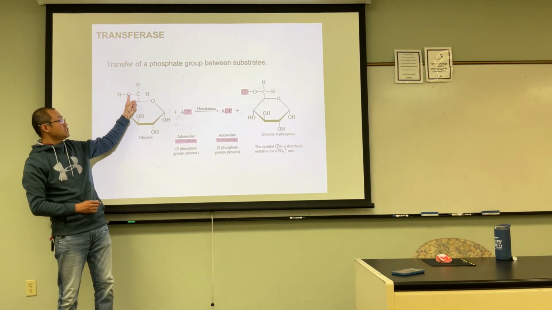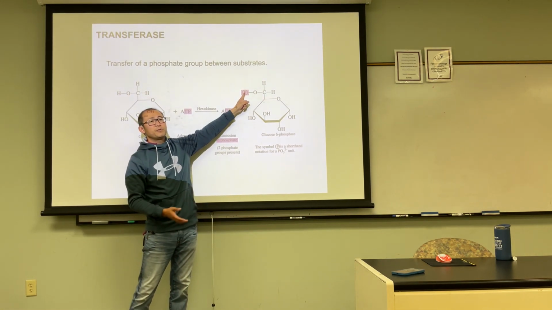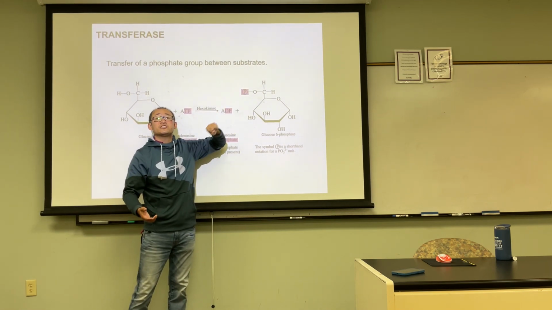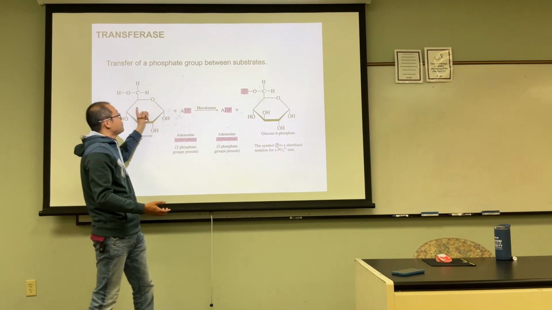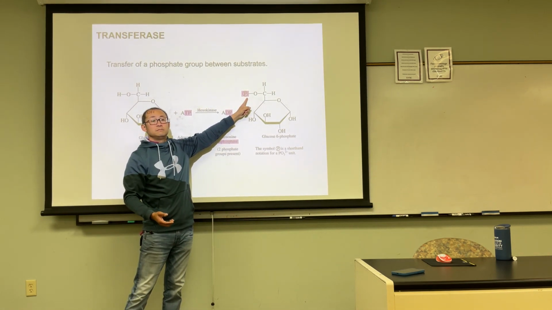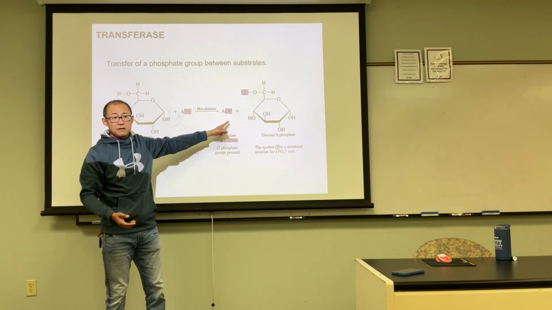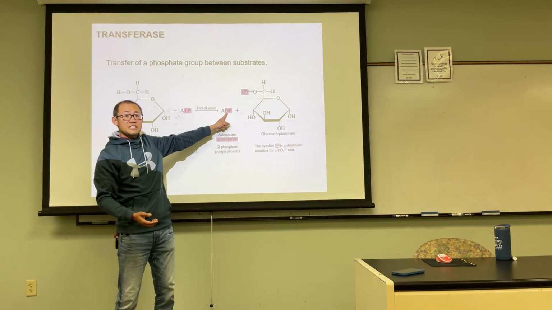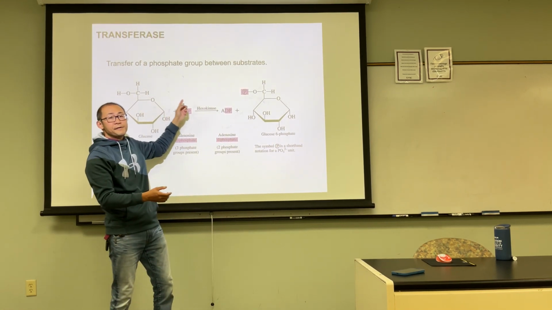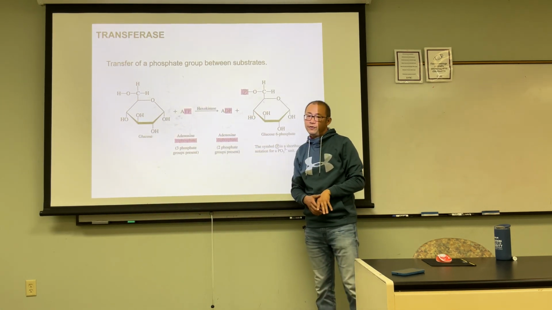You can see that this is alcohol, phosphate. It didn't put the whole structure of the phosphate, but you're making a what? Phosphate ester. So you're transferring a phosphate from ATP to sugar. And the ATP, losing a phosphate, becomes ADP. T stands for tri, D stands for di, means what? One phosphate is taken away, transferred to what? To a sugar. This is a very common transferase reaction.